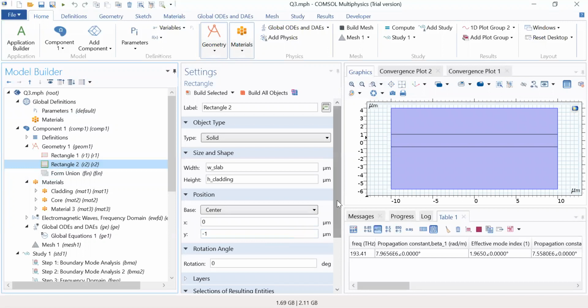Now we need to take care of this, because as we are working on this asymmetric waveguide, the substrate must have greater thickness than the cover region and the core region.